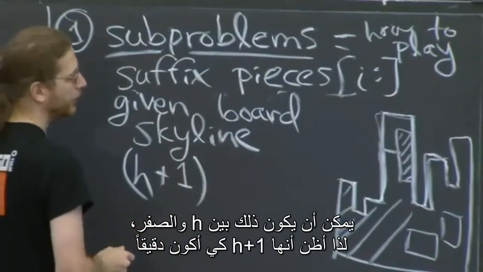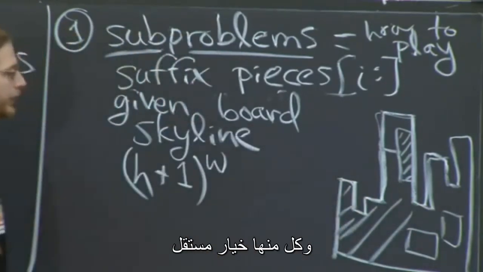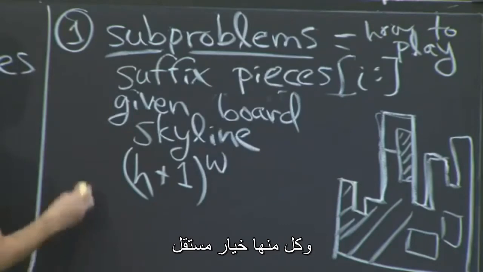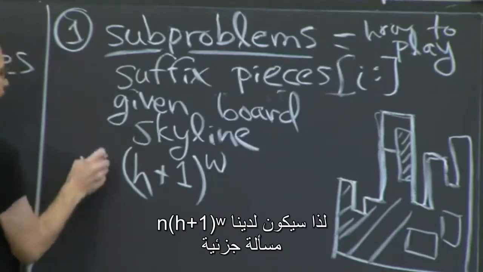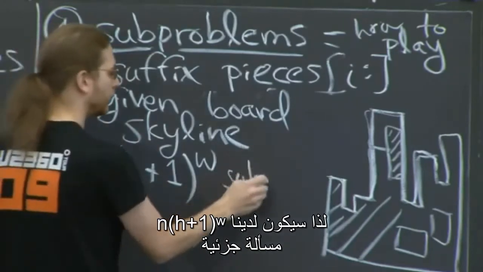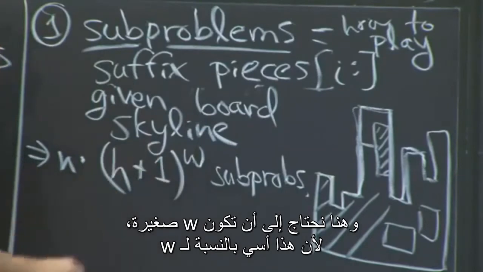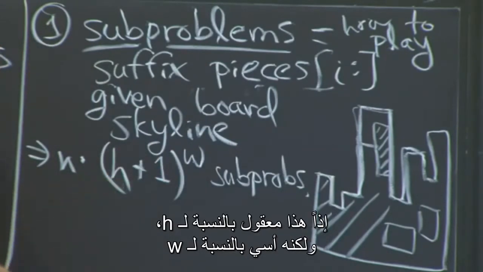I get technical. And then we raise it to the power w, because there's w different columns, and each of them is an independent choice. So there's going to be n times that many different subproblems. And here's where I need that w is small, because this is exponential in w. So it's reasonable in h, but it's exponential in w.